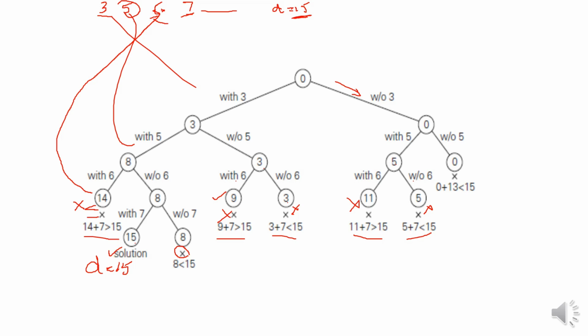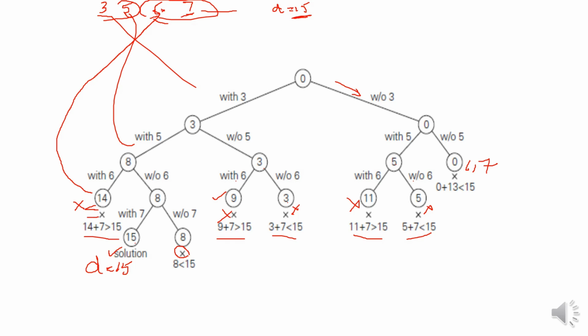Even here at the right child, if I don't include 5, still the sum is 0. Definitely if I don't include any item, the sum is 0. That means 3 and 5 are not there, only 6 and 7.